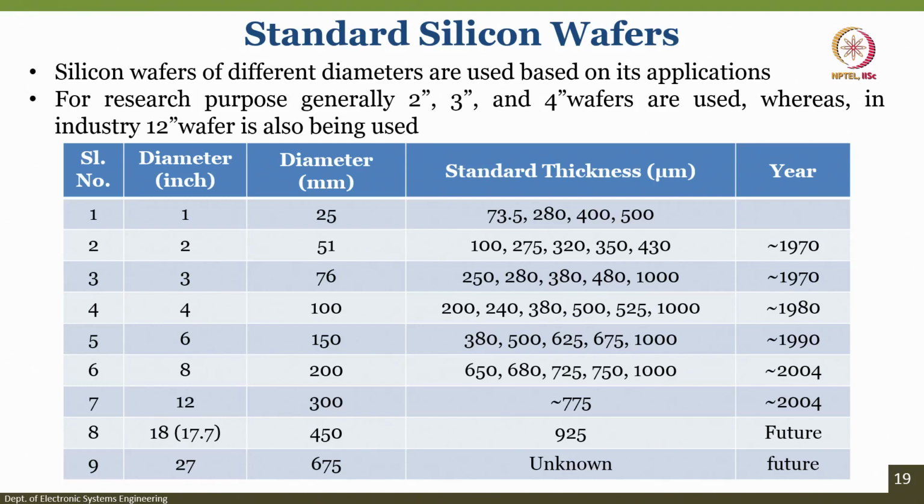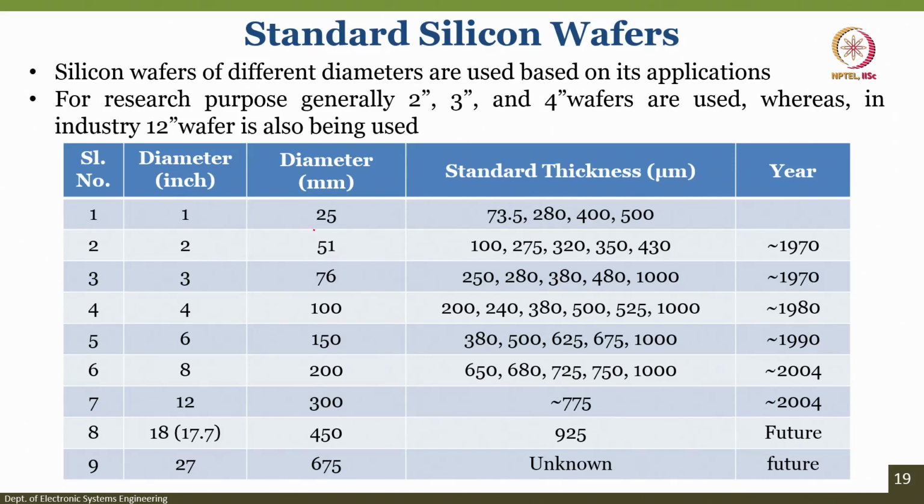Now, there are several diameters of silicon wafer, and we have now reached way bigger than what is shown here, but depending on the diameter of the wafer, the thickness of the wafer changes. You need to understand, not too much in depth, how the diameter and wafer thickness are related.